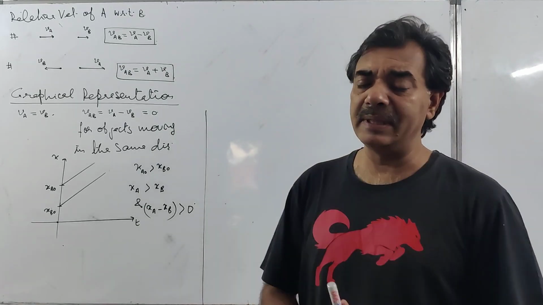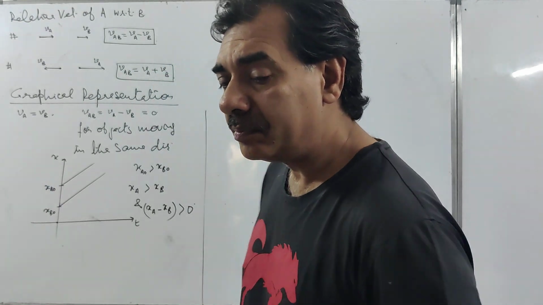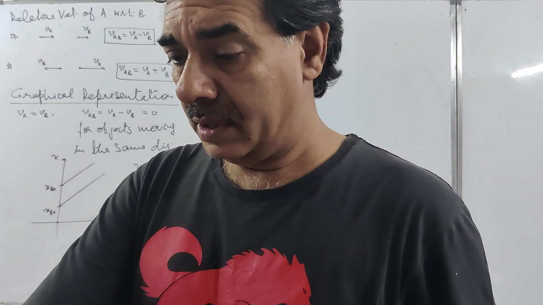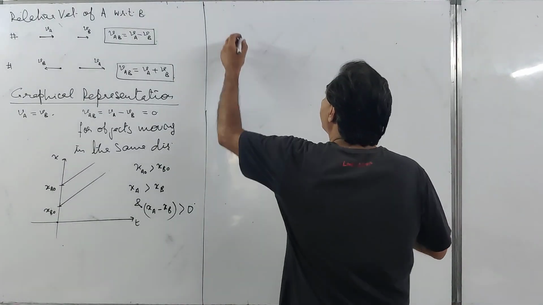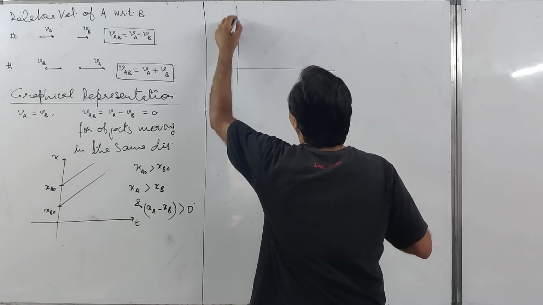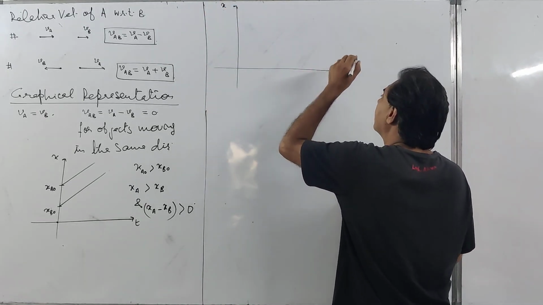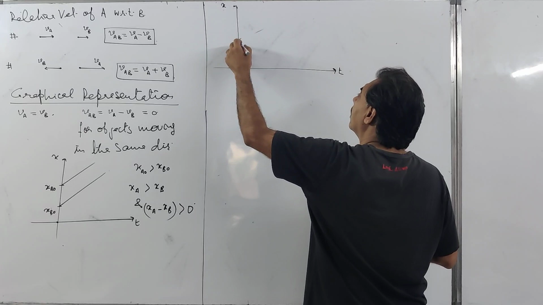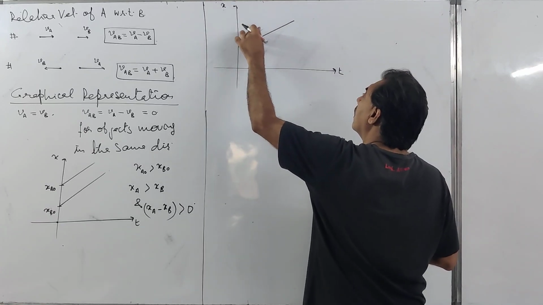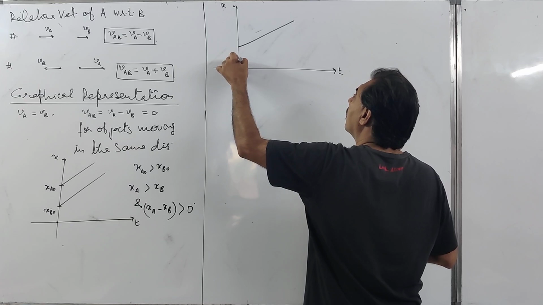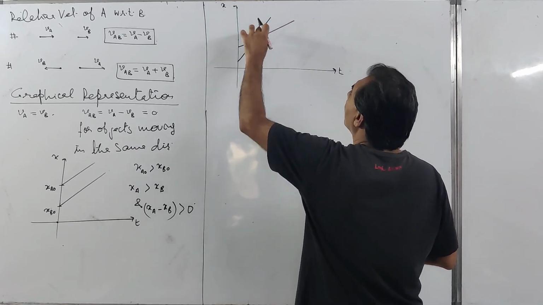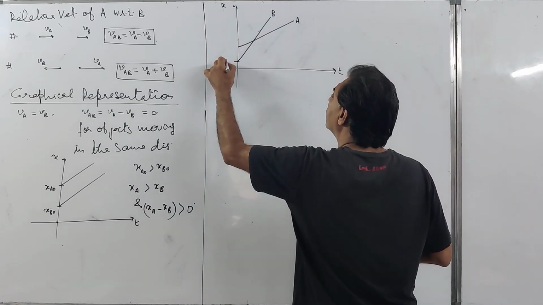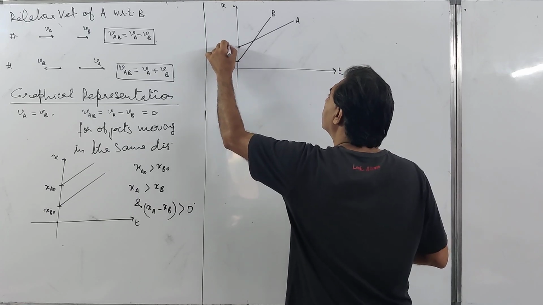Now, the second example that I have chosen for you is also very interesting. What do you interpret from this graph here? Position, time. This is A, this is B. This is xb naught, this is xa naught.